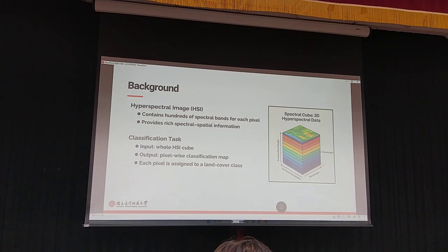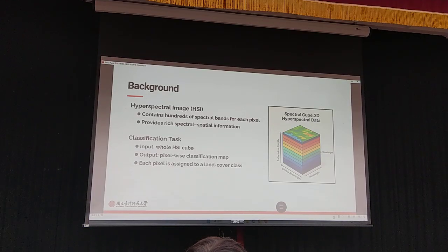To begin with, hyperspectral images are different from RGB images. RGB images contain only 3 channels, while hyperspectral images contain many spectral bands for each pixel.